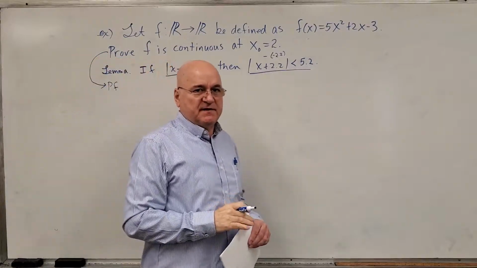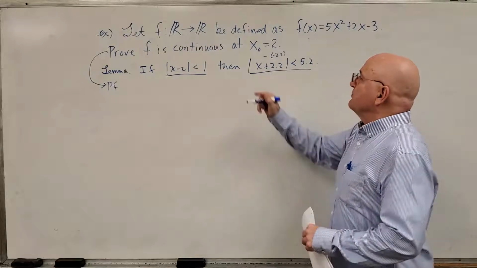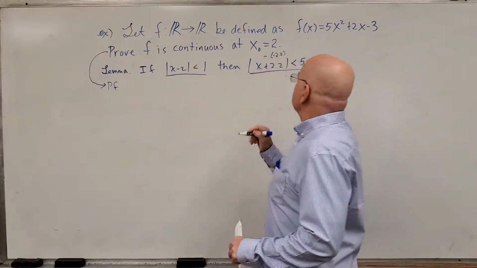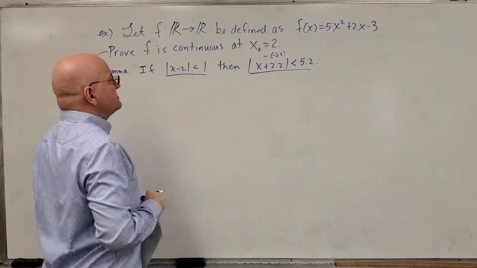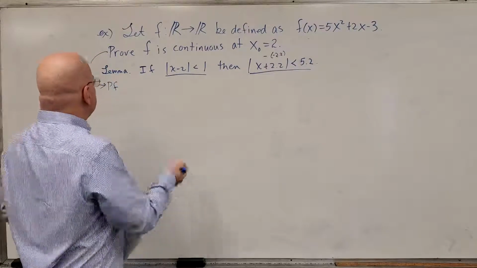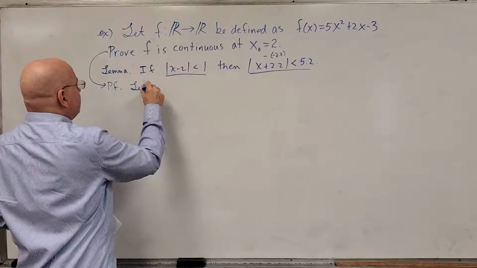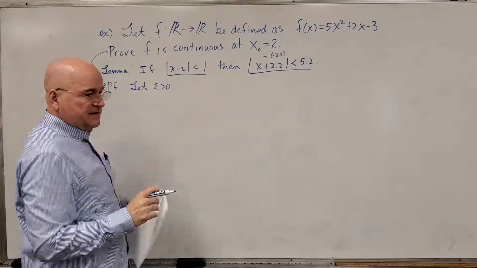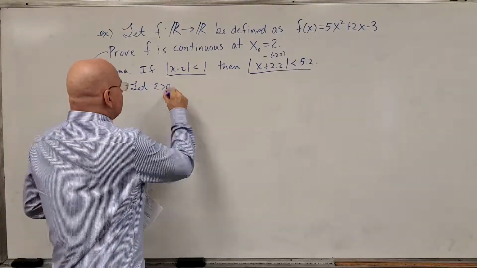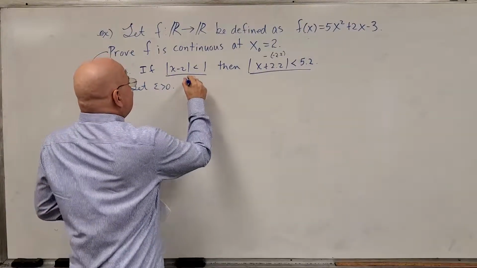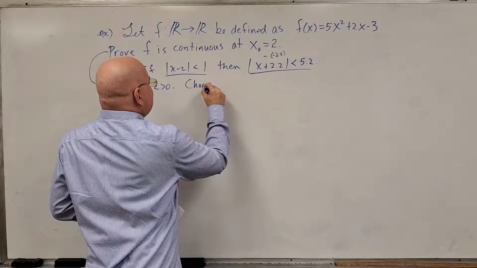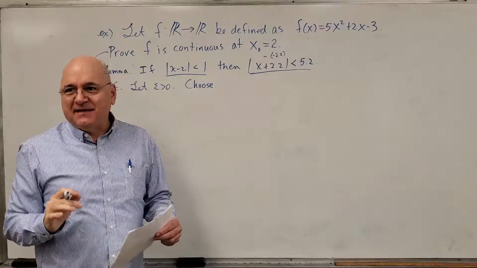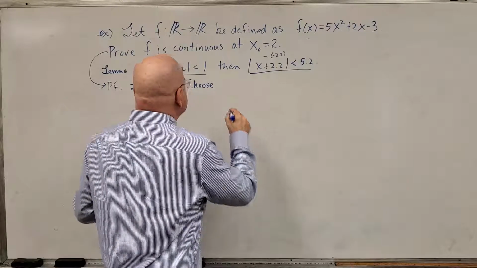the original statement now. Well, I want to prove that f is continuous at x naught equals 2, so I need to use the definition, which means I need an epsilon greater than 0. And you will see why I am picking the value of delta.